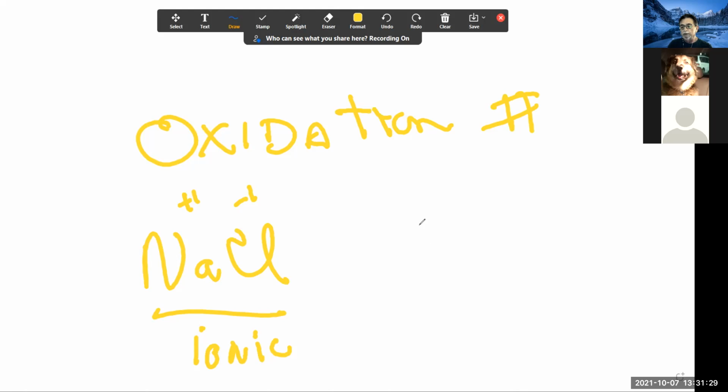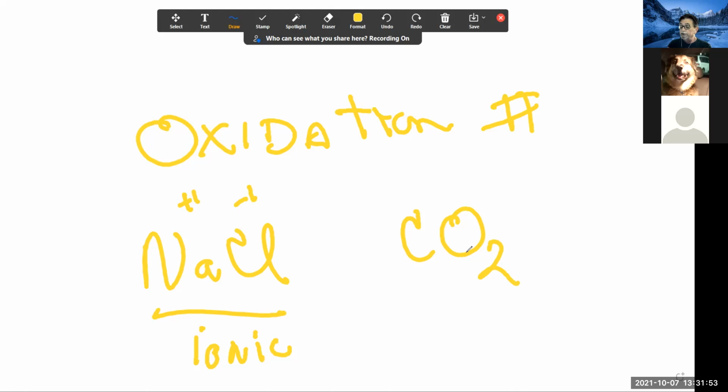All right, so if we look at, say, carbon dioxide, okay, well, they're both nonmetals, they're covalent compounds, and the question, instead of saying what is the charge on the carbon, we utilize the term oxidation number. And the oxidation number applies to both ionic or covalent. Now, how do we calculate this?